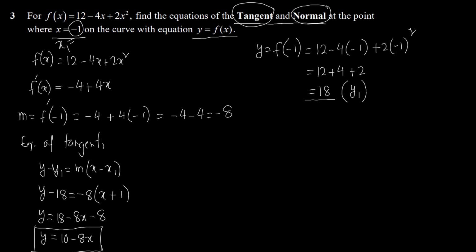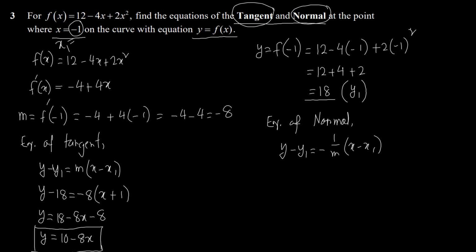Same thing, just the equation of normal is the equation which is perpendicular to the tangent. Equation of normal, write the equation first. y minus y1 equals minus 1 by m, x minus x1.